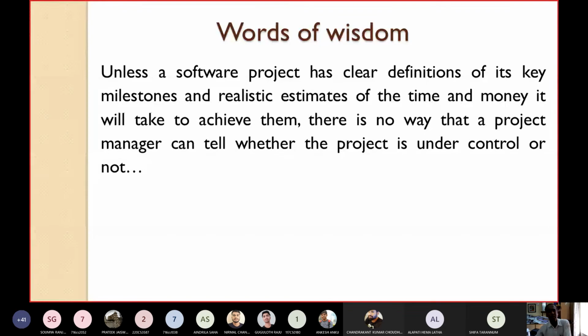Unless all the milestones have been properly set, and all the realistic estimates of time and money have been properly prepared, there is no way that a project manager can tell whether the project is under his control or not. So this is a little bit of knowledge we should remember.